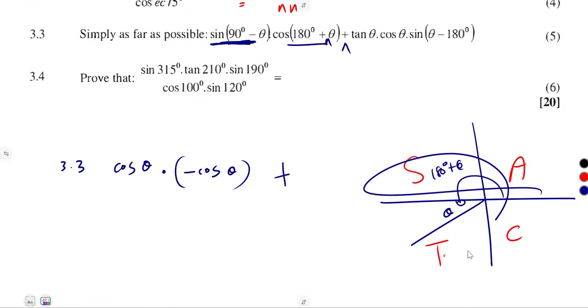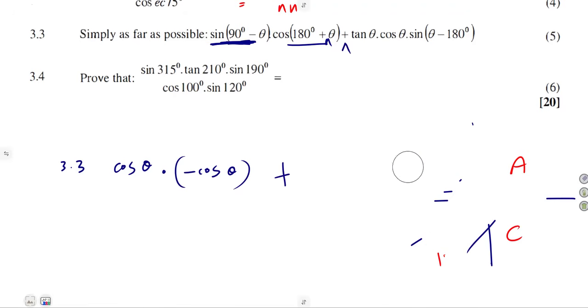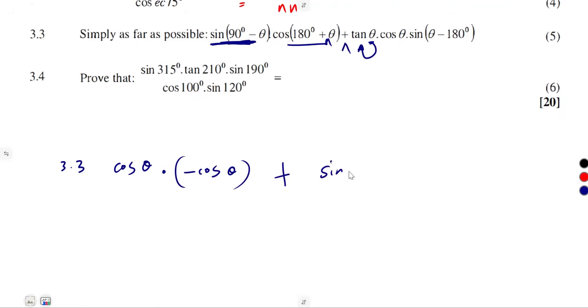Then we've got the tan theta. Tan theta is already in simplest form in terms of having theta, but tan on its own is sine over cos. Okay, cos in simplest form, just leave it like that. Sine of theta minus 180, from negative angles.